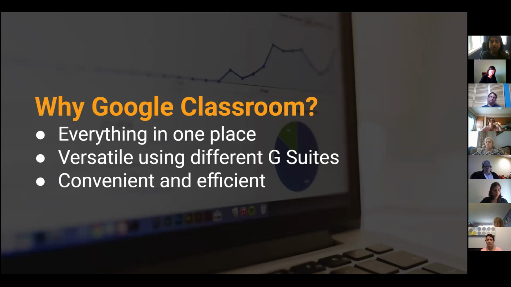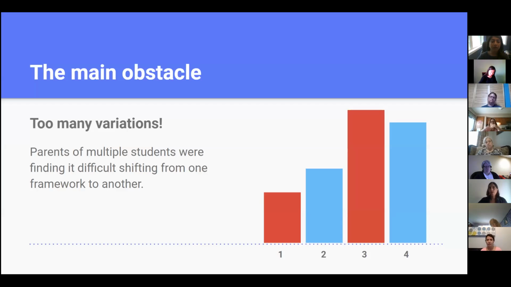And so this is extremely well used in the home with the parent as well. The main obstacle was found in the survey that was taken from parents very recently.